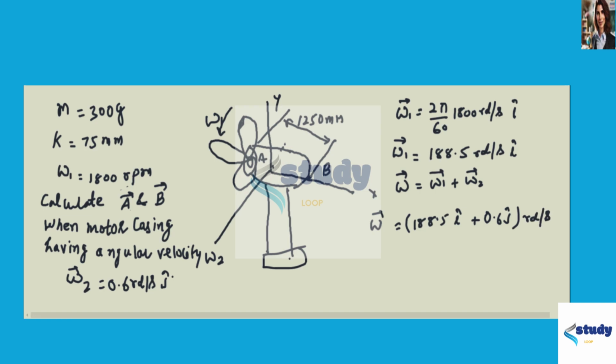Angular momentum about the center of mass is Ix omega 1 I cap plus Iy omega 2 J cap.